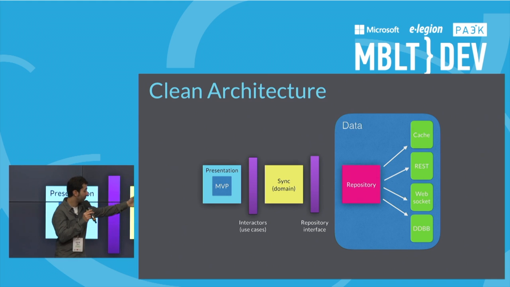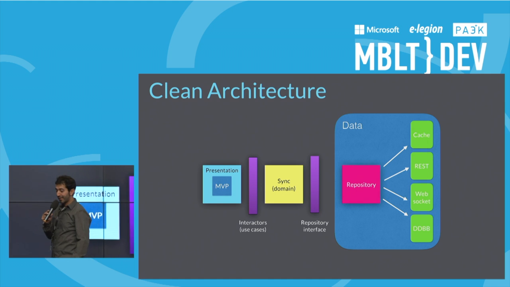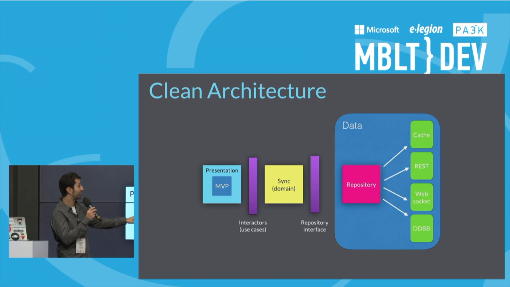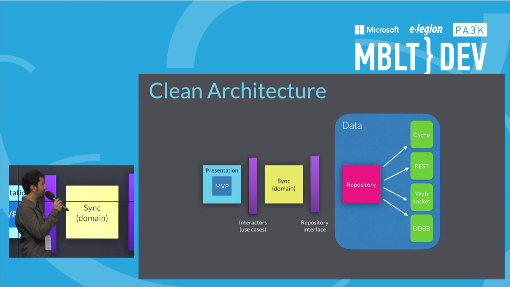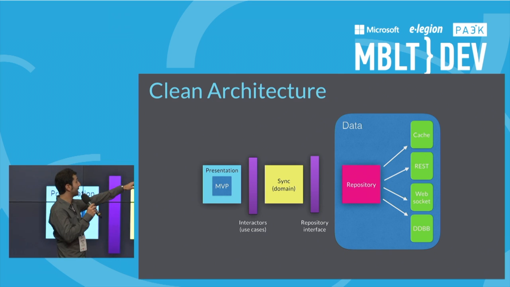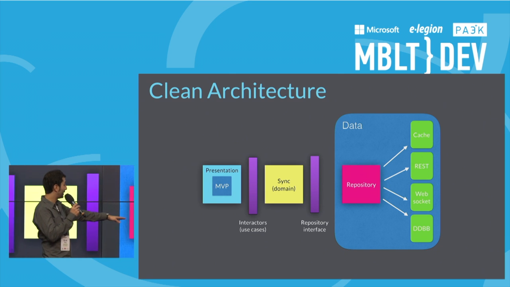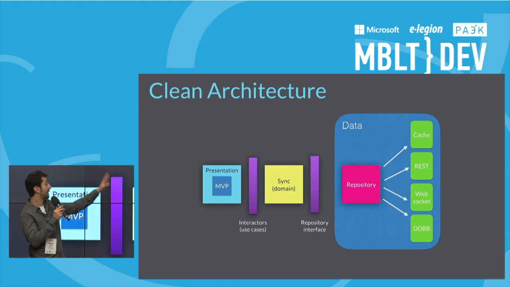The sync domain also exposes a repository interface, and instead of having an SDK, we have a data submodule, and the REST, cache, WebSocket and database will be standalone modules. They will be pure Java modules.